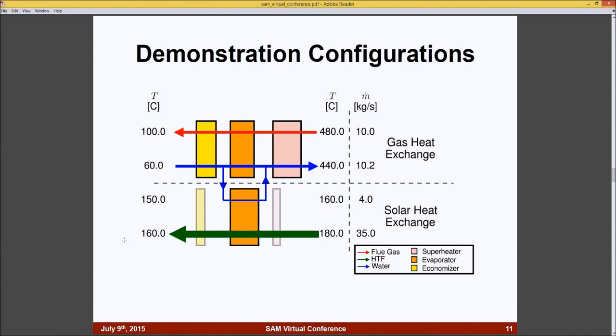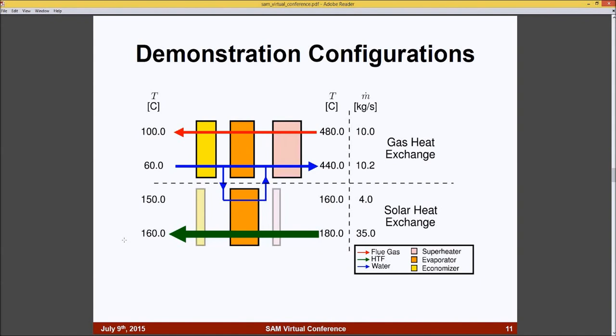When this temperature goes down substantially, the mass flow rate of the water goes up, but also importantly, the temperature differential required on the solar heat exchange side goes down substantially. And when this goes down, the mass flow rate goes up. So this kind of gives us a motivation.